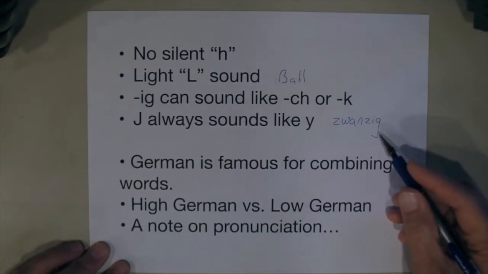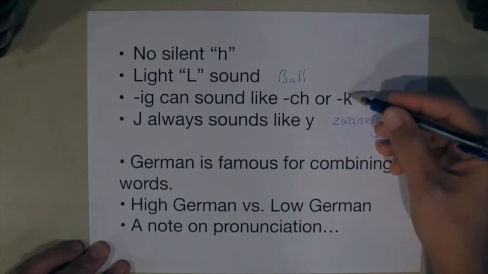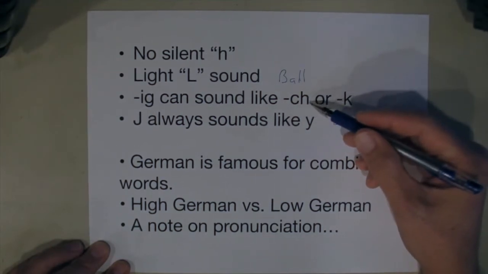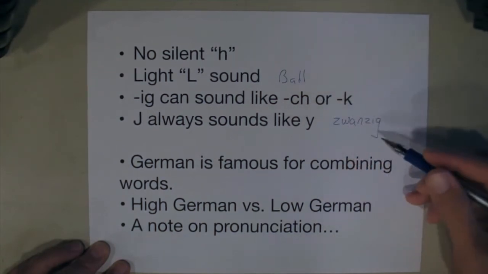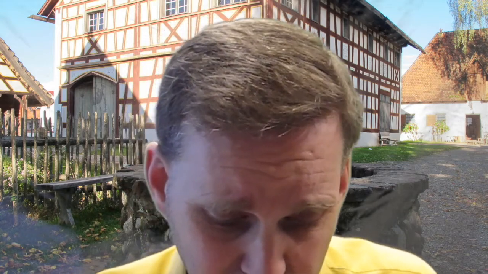It's regionalism. You'll hear zwanzig with a K sound. That's perhaps a little more northerly. Or you'll hear a soft CH, zwanzig. And you'll hear that maybe a little more south, don't hold me to those. That's just a generalization. But you'll hear both. Don't worry about it. It's just regionalism. It's tomato, tomato. Who cares? It's not a big deal.